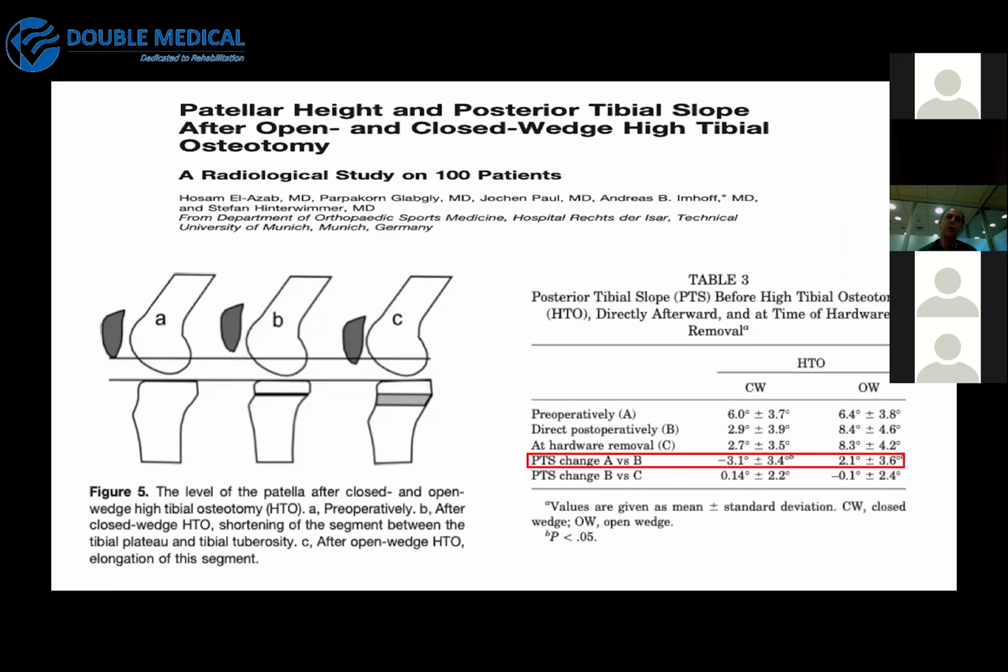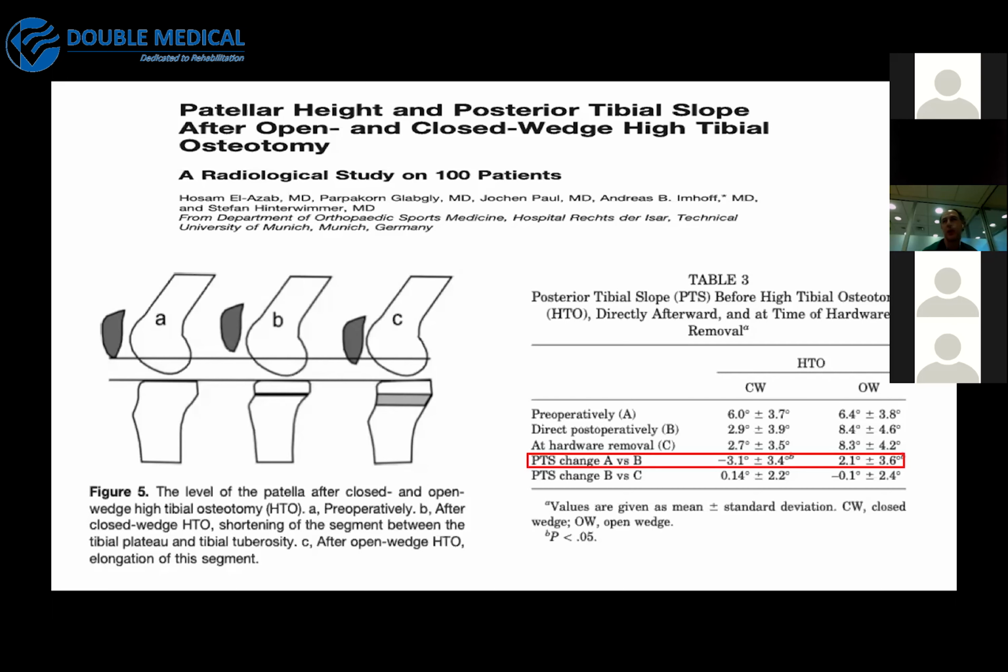The other thing that we know is that the number of degrees or millimeters that we change under the osteotomy is not important if our correction gap is less than 10 millimeters. Also, if we're doing an open wedge, we are increasing the slope by 2 to 3 degrees if the correction is under 10 millimeters.